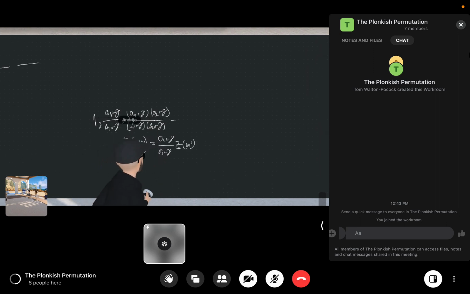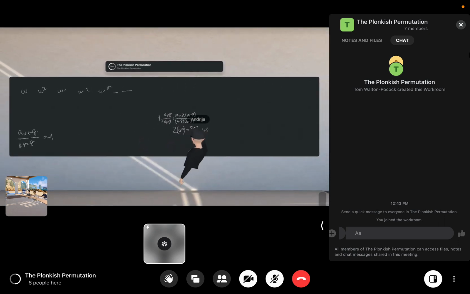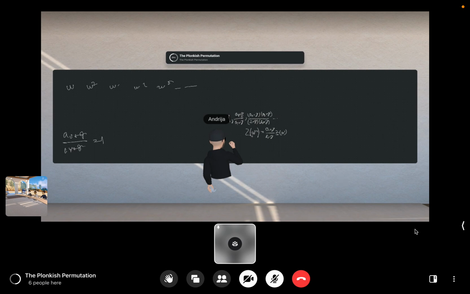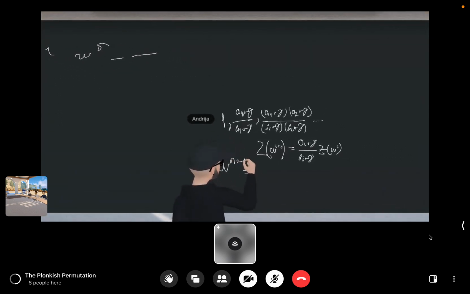Okay, and now our claim is that this relation should hold on the full domain. And the really nice trick is that because we're in the cyclic group, omega to the n plus 1 is actually back to omega if our group is of size n.